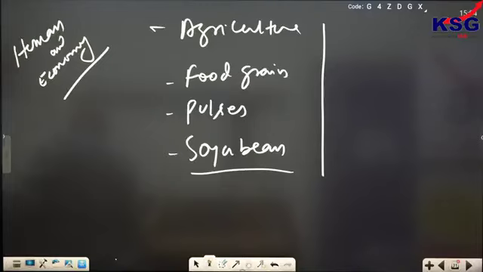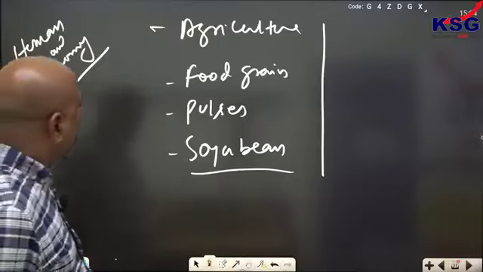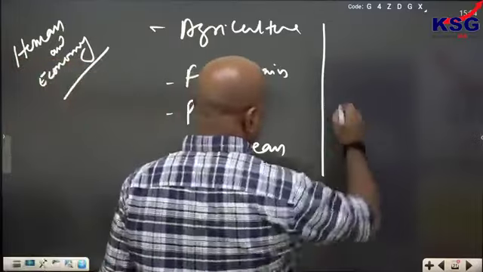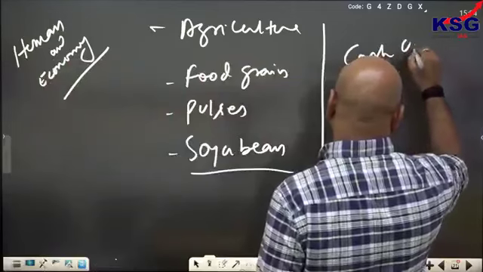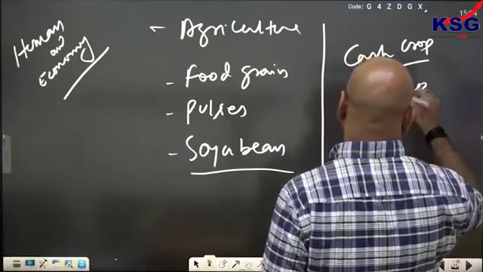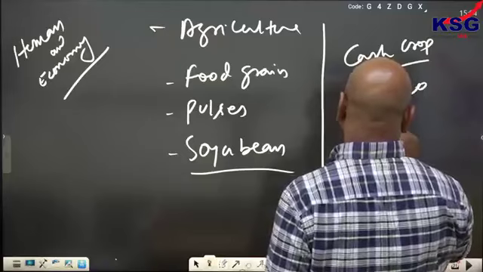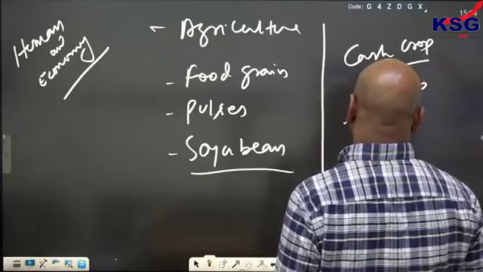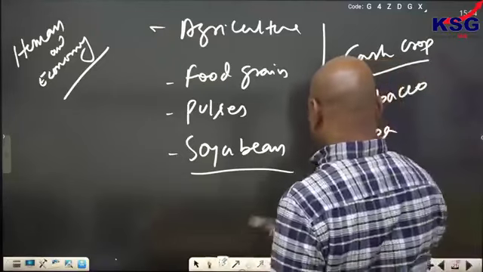Okay, people also cultivate tobacco, also there is cash crop like tobacco, even tea, cash crop tobacco, plantation crop tea.